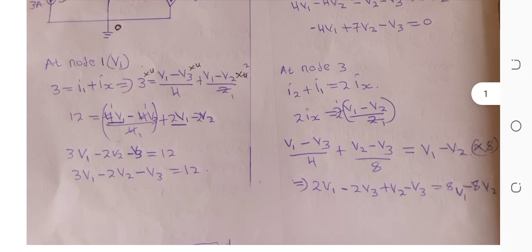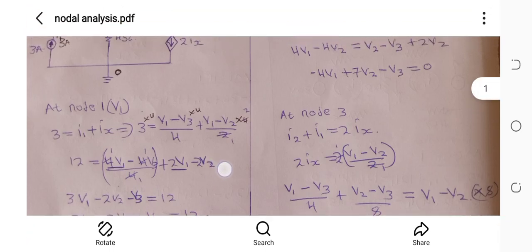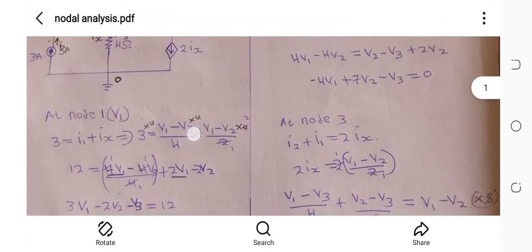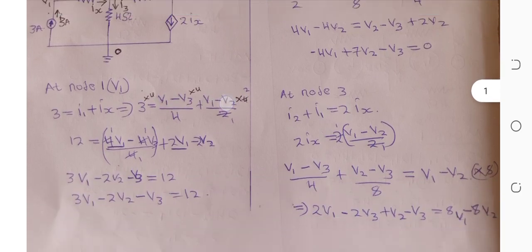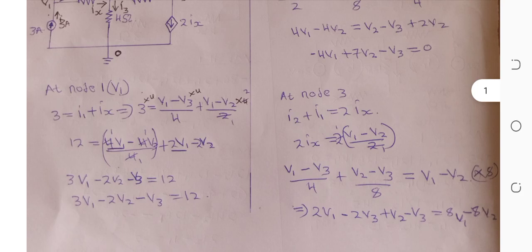Multiplying, we get 3V1 minus 2V2 minus V3 is equal to 12, because of this one here. So we solved this, multiplied by the LCM, and got this equation. We collected like terms to get these. So that is equation 1.